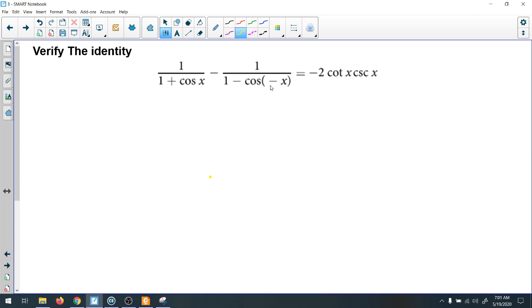Cosine of negative means we try to recall odd and even functions.